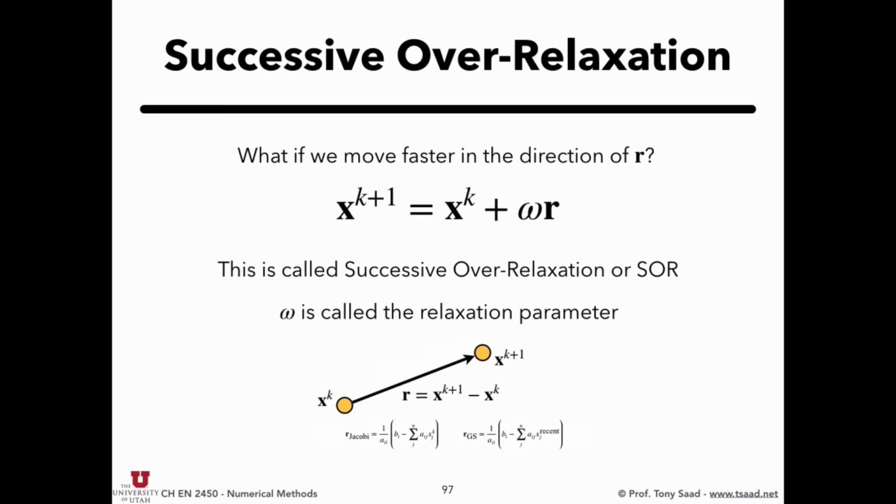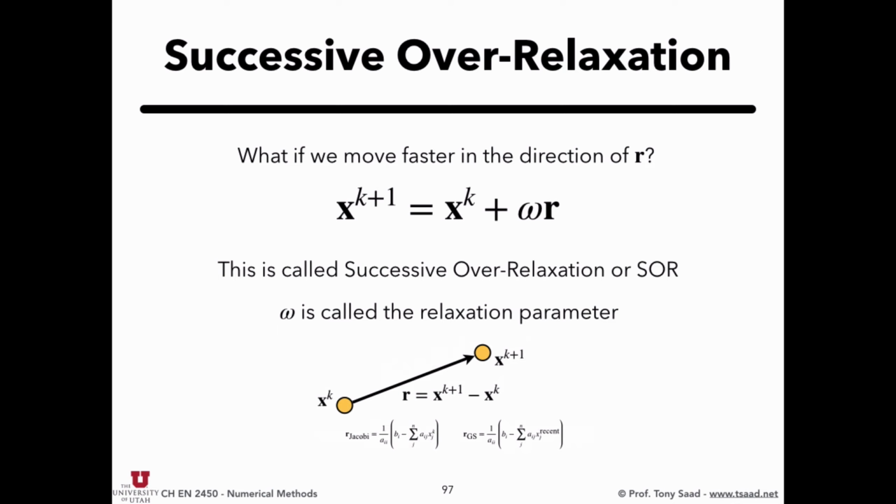Yes? How do you determine omega? Oh, that's a big math question. For a special class of matrices, like positive definite, symmetric, there's an actual formula for determining the optimum omega. So what he's getting to is actually the homework assignment.